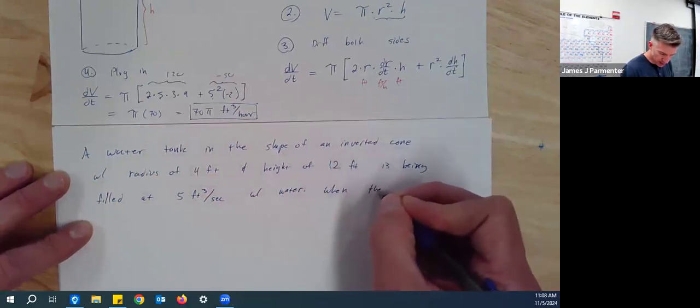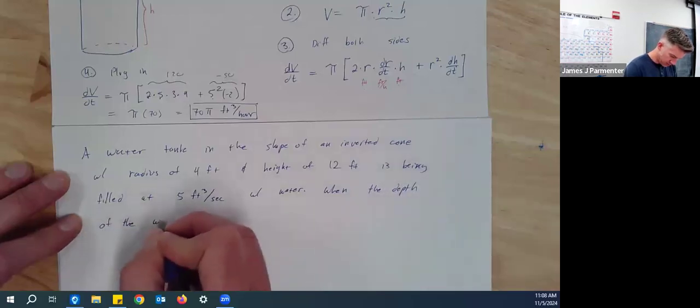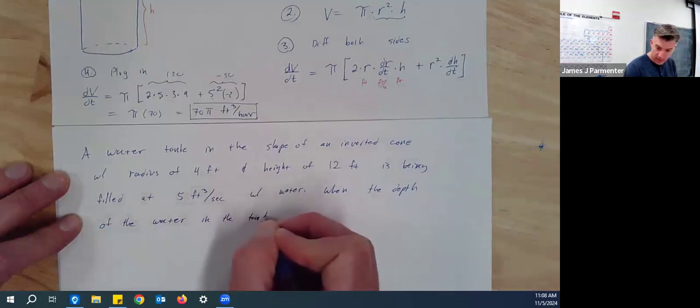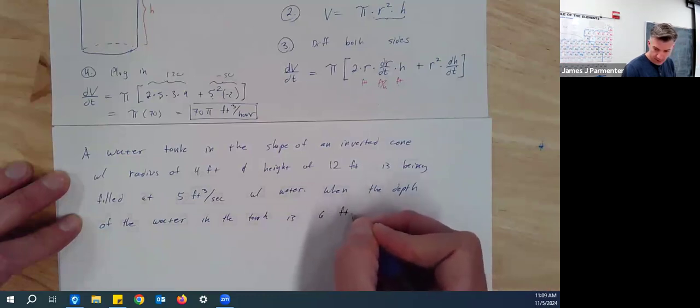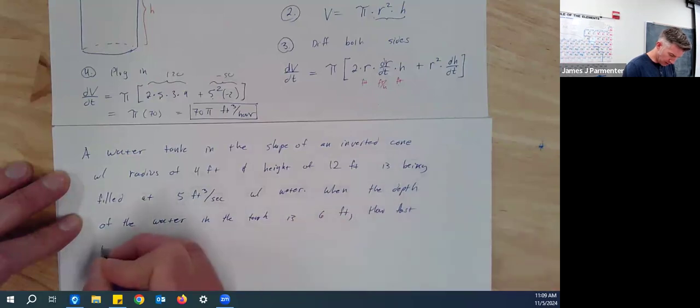When the depth of the water in the tank is 6 feet, how fast is the water level rising?